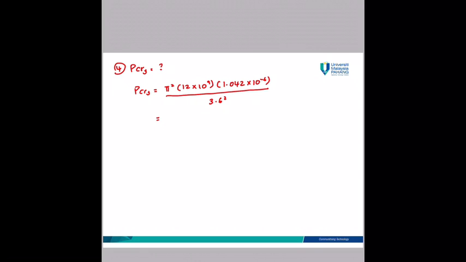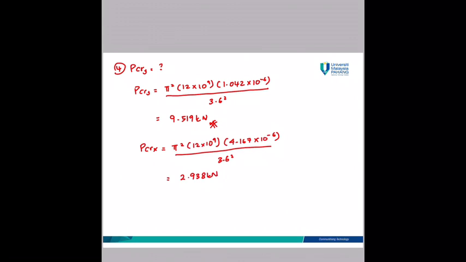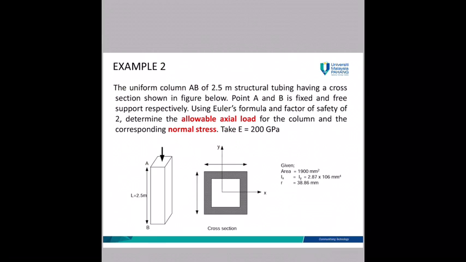Then your PCR is equal to this, which is your final answer. If you did it for the other axis, where the slenderness ratio is smaller, then your PCR would be larger. Let's take a look at the second example.